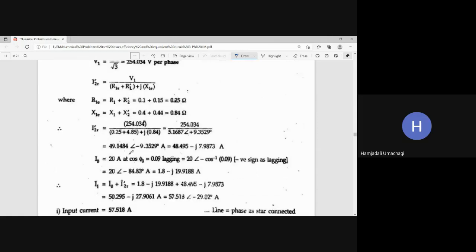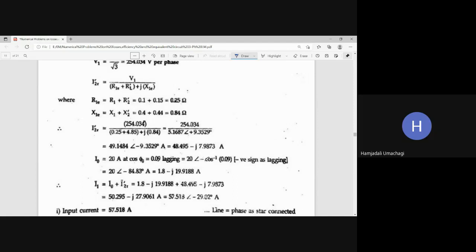Our aim here is to calculate all the required electrical parameters related to the equivalent circuit of the three-phase induction motor. Now let us calculate the rest of the parameters. Given no load current I naught is 20 ampere at a no load power factor of 0.09 lagging. Expressed in polar form, the magnitude is 20 and the angle is cos inverse of 0.09, which is 84.83 degrees.